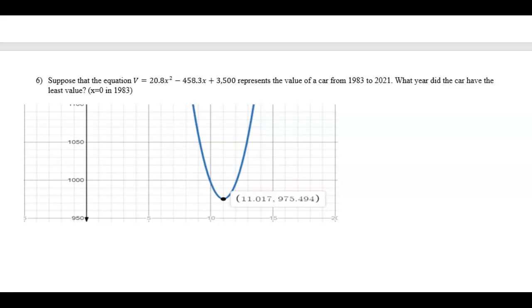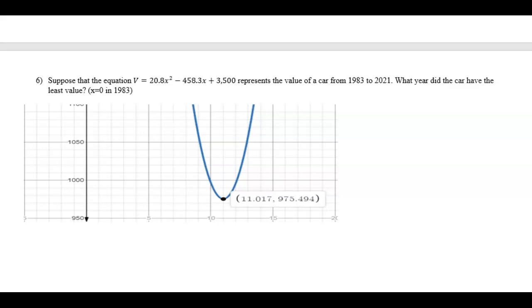Now remember, everything we represent is a real life story. So they came up with that equation, that function, to determine the value of a car from 1983 to 2021. They want to see at what year the car will have the least value.